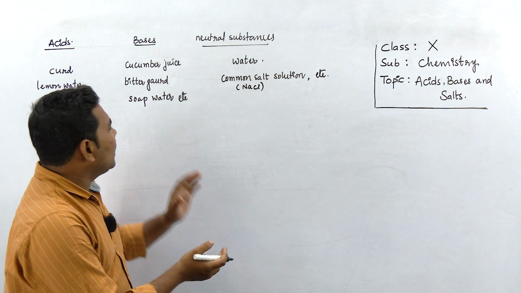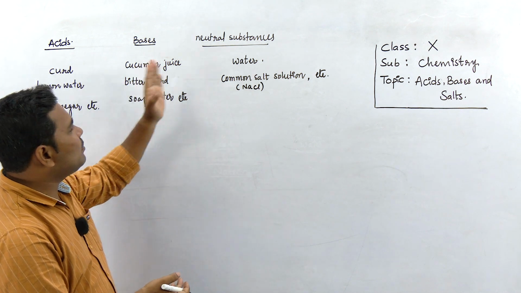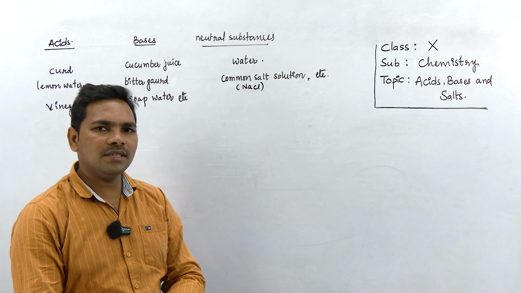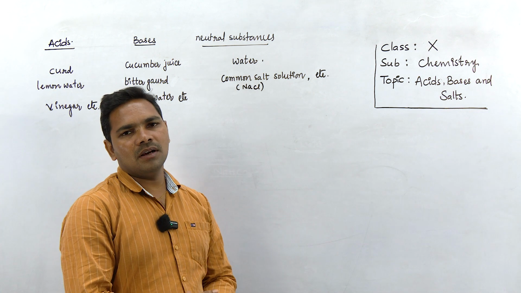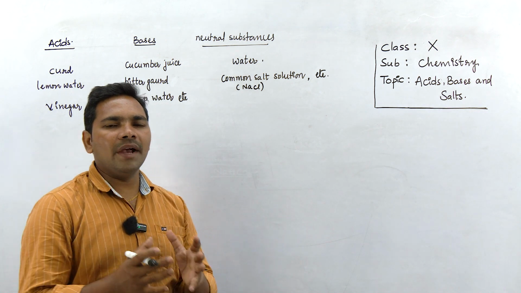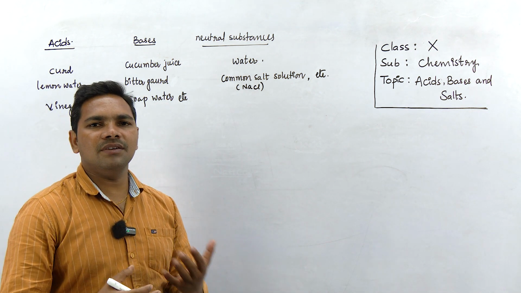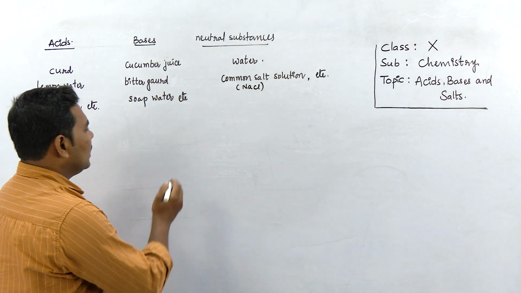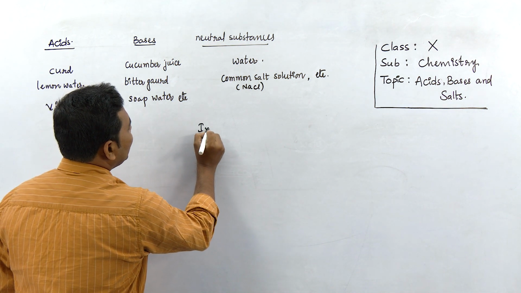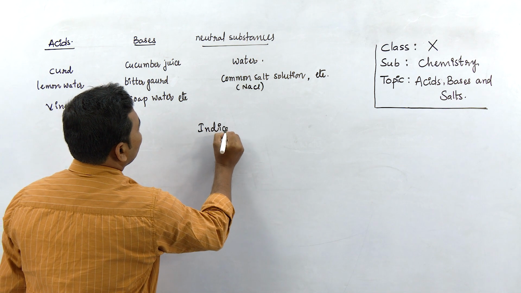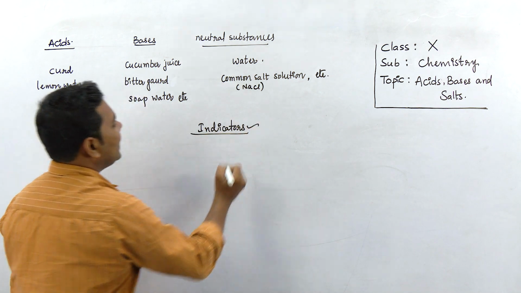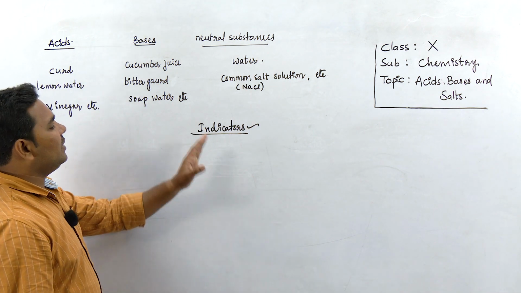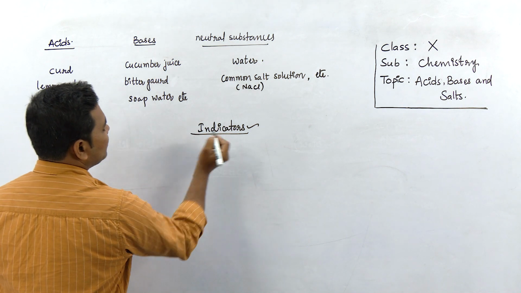But among these various types of substances like acids, bases and neutral solutions, how do we identify them? Which one is acid, which one is base, which one is neutral? We use substances called indicators to identify the nature of the substance.